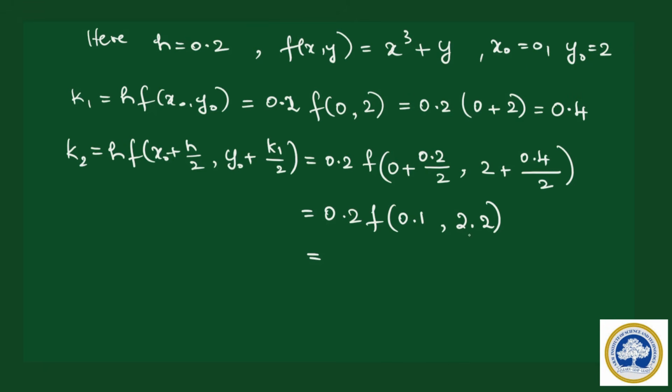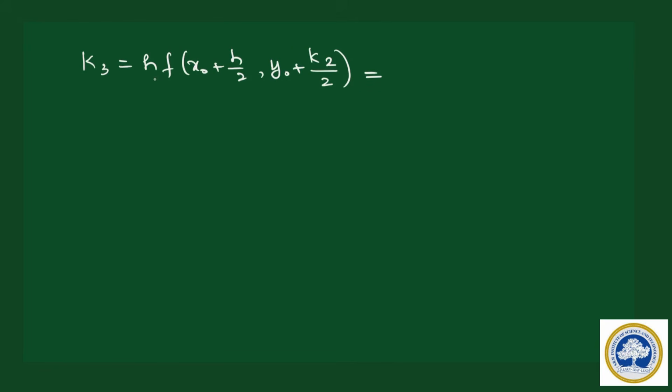Calculating it, we get 2.201. So 0.2 into this, after multiplication, we finally get 0.4402. This is k2. Next we have to similarly calculate k3 and k4.